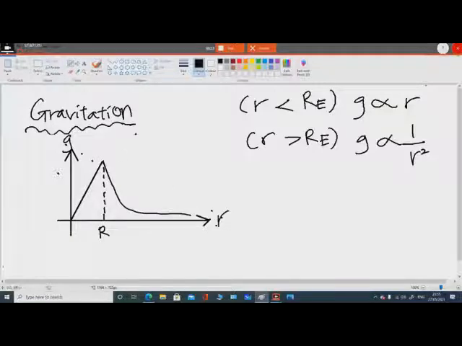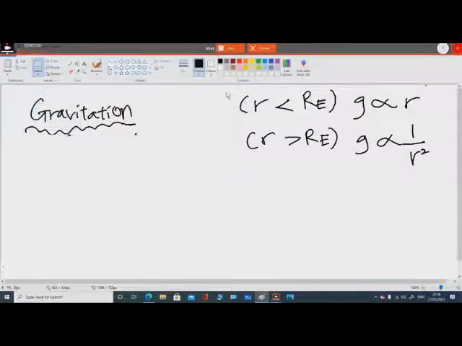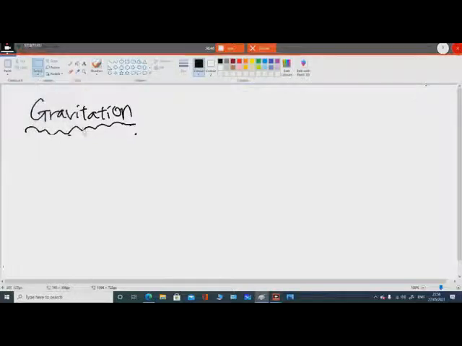Okay, let's move to the next part. Just now we discussed the variation of gravitational field strength with the distance from the Earth.